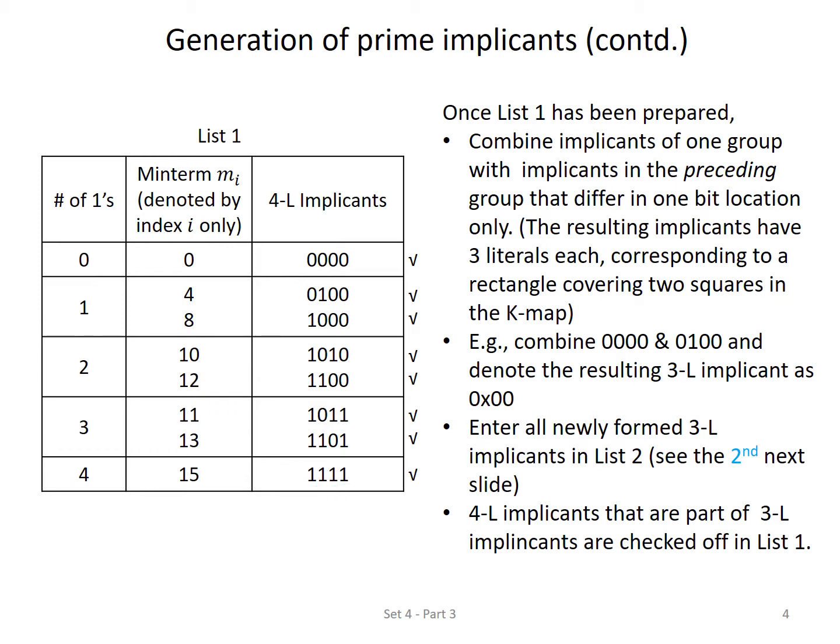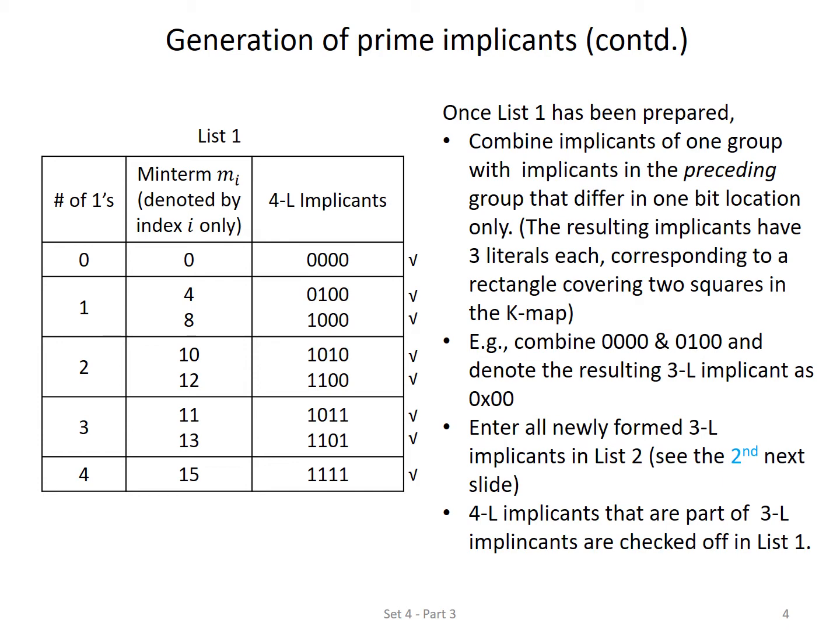Once list 1 has been prepared, we combine implicants of one group with implicants in the preceding group that differ in 1 bit location only. The resulting implicants have 3 literals each, corresponding to a rectangle covering two squares in the K-map.